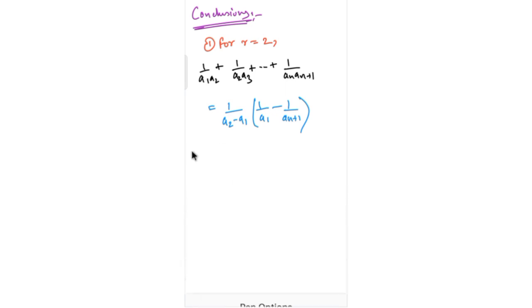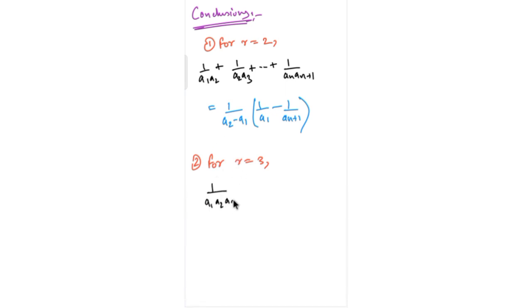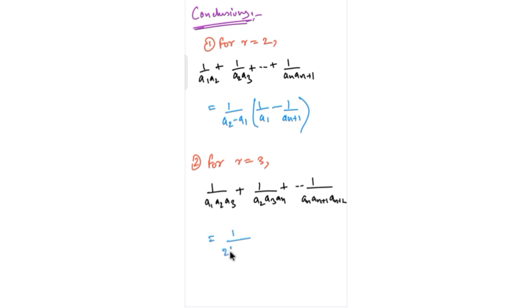And for r is equal to 3, we write this to be 1 by a1 a2 a3 plus 1 by a2 a3 a4 plus so on, 1 by an an plus 1 an plus 2, which is equal to 1 by 2 of a2 minus a1 into 1 by a1 a2 minus 1 by an plus 1 into an plus 2.